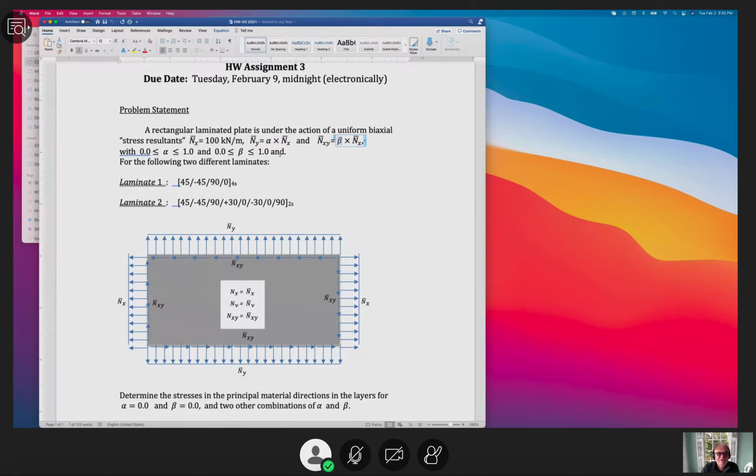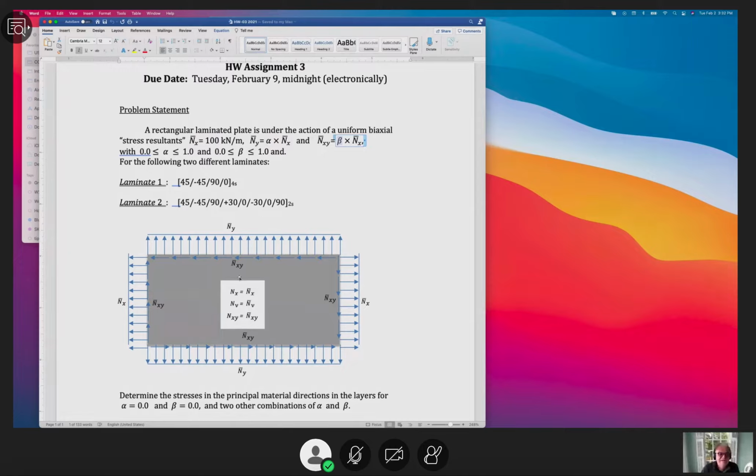So the most loads existing is 100 kilonewtons Nx, 100 kilonewtons Ny, and 100 kilonewtons Nxy. These are the stress resultants.